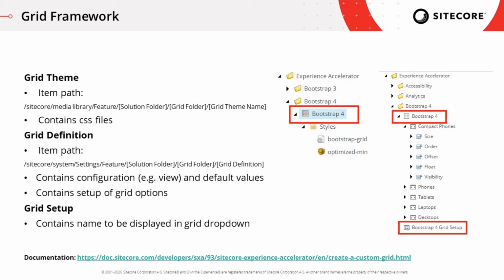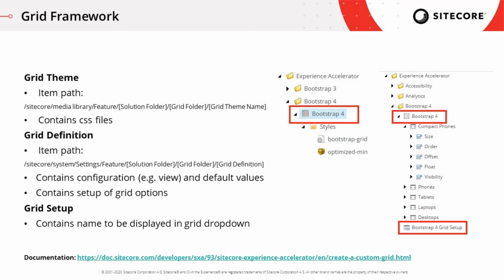On the one hand, it's a grid definition item, which allows you to set up all the information that you need in order to set up your grid. So if you go for a rendering and you click in Experience Editor on this little paint pot icon, then you get into a dialog where you are able to set, for example, the size dependent on your device, or better, set on the screen resolution. So all that is configured in your grid definition item.